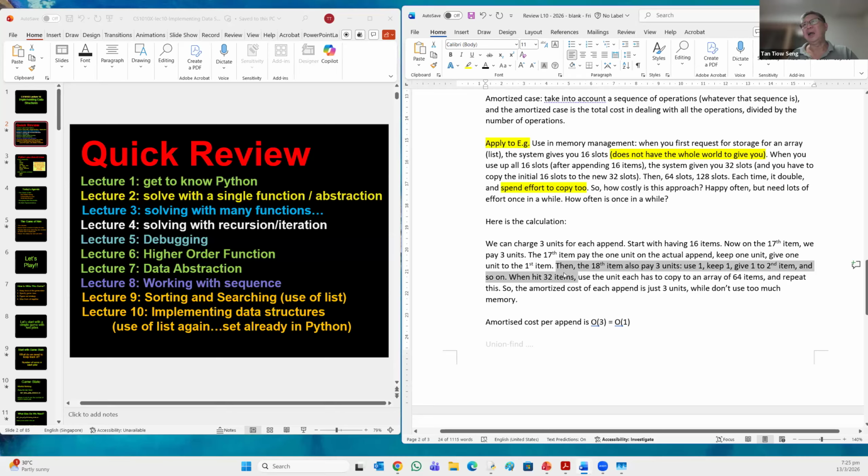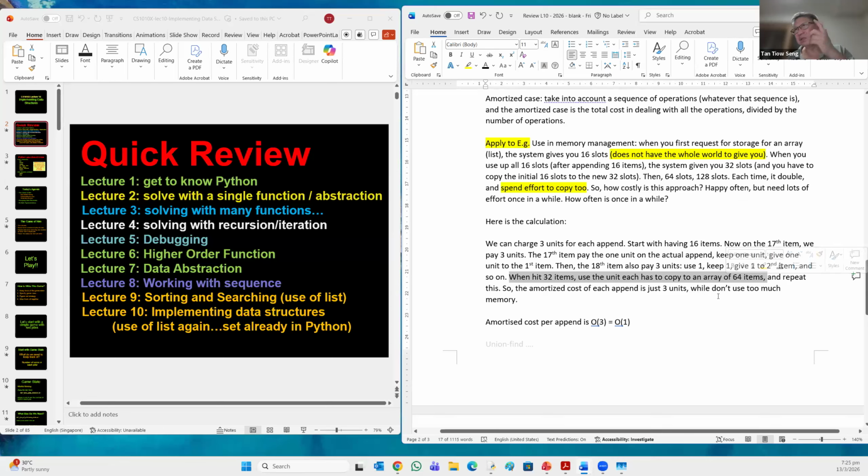Everyone has a credit on hand, and then that guy can use it to copy into an array of 64 items. And you repeat this. The moment you need to pay for copying to a bigger array, you have a credit already given to you.